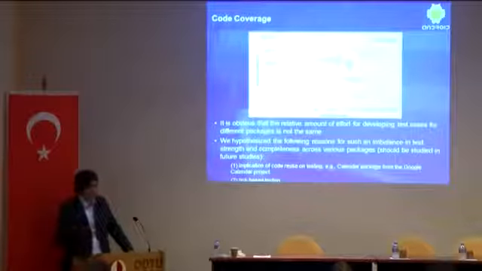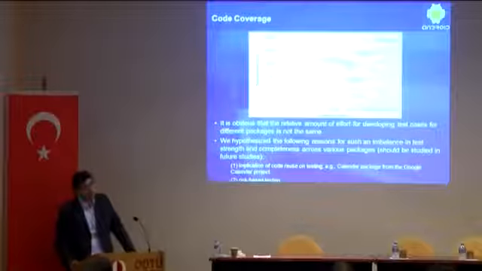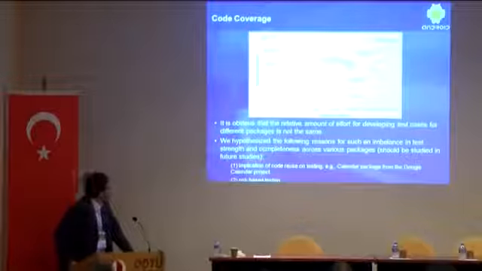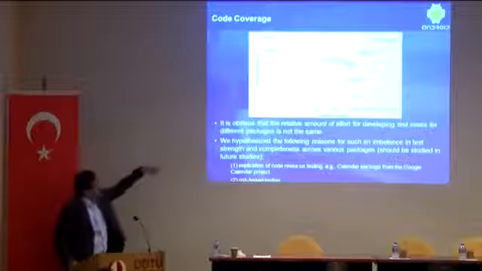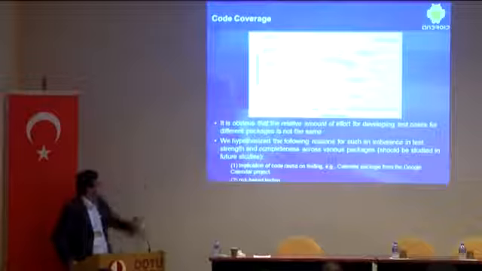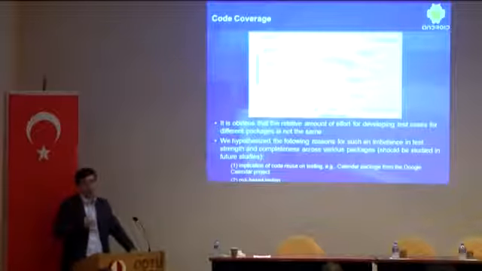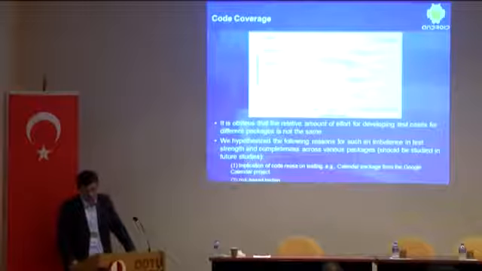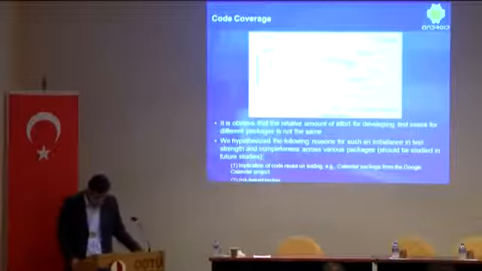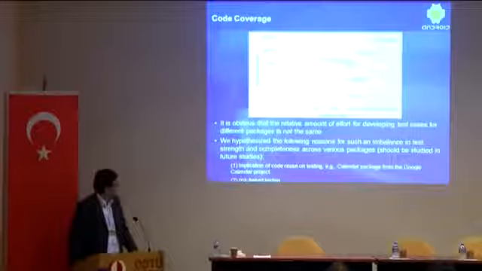There are many questions that we tried to ask. Answering them wasn't that easy. We came up with some potential reasons for such an imbalance in test strength, or in test effort spent by the team behind it. For example, we thought about code reuse.